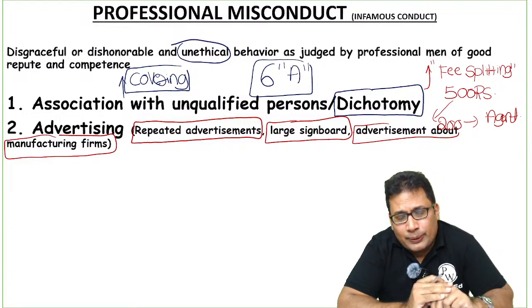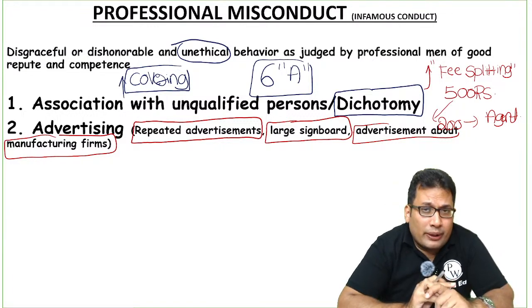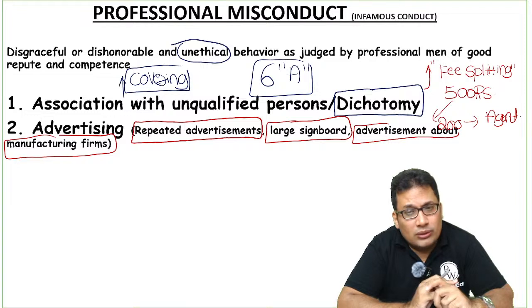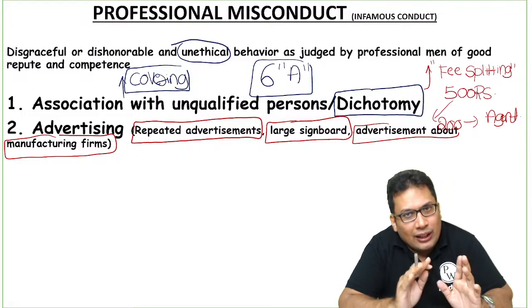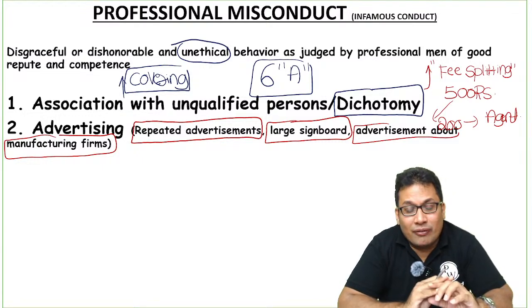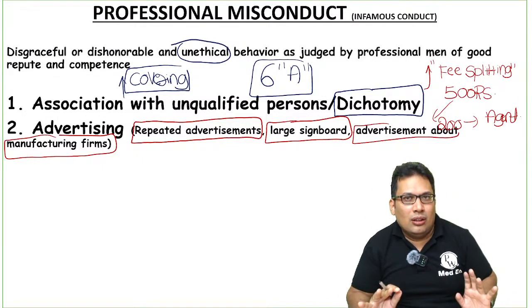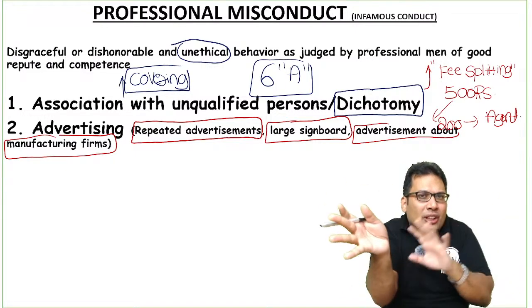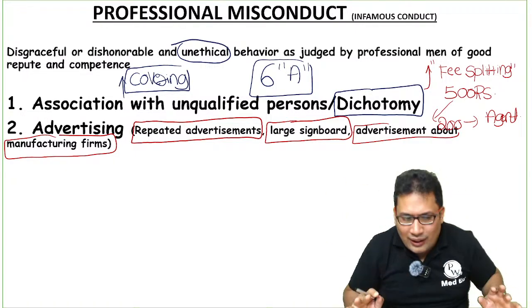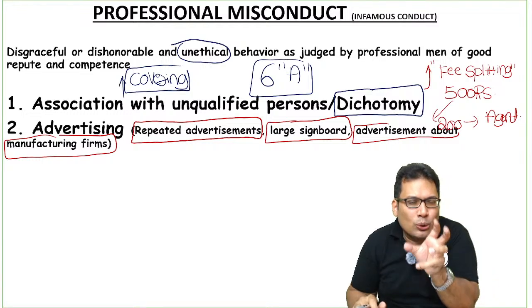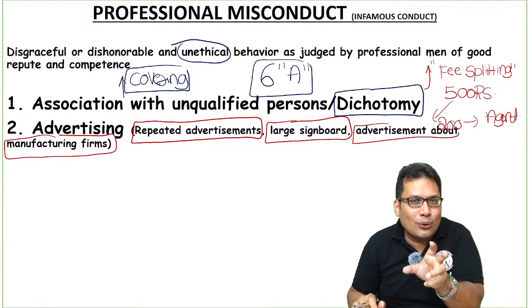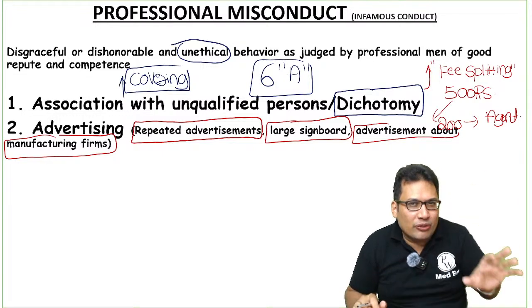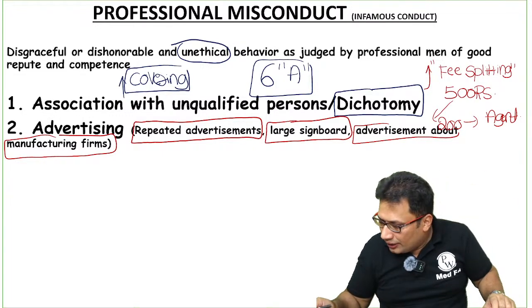While opening a new hospital or a new clinic, he can advertise. Or while changing the hospital venue, or closing the hospital, or when starting a new instrument, a new CT scan or MRI machine in a hospital, he can advertise. The advertisement should be as per NMC norms, which you will come to know once you go through the NMC norms of advertisement.